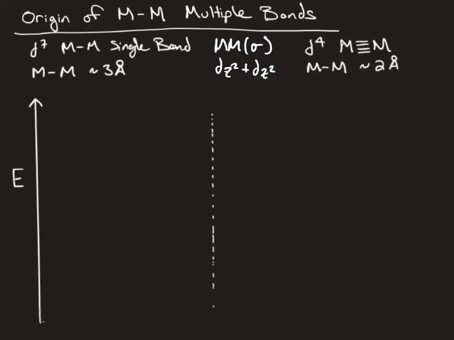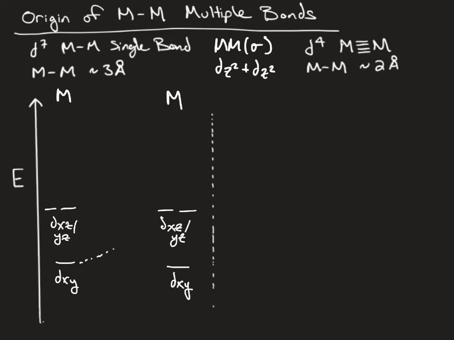So as we already said, for the dz squared, you have a staggered type orientation. Because of this, there's minimal overlap between the dxy and the dxz and dyz type orbitals.